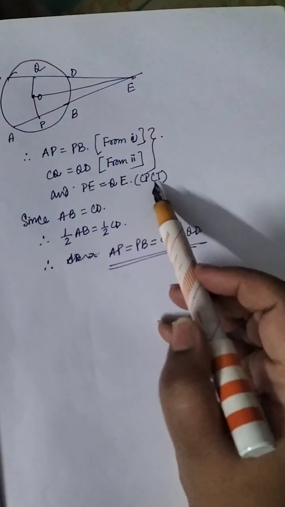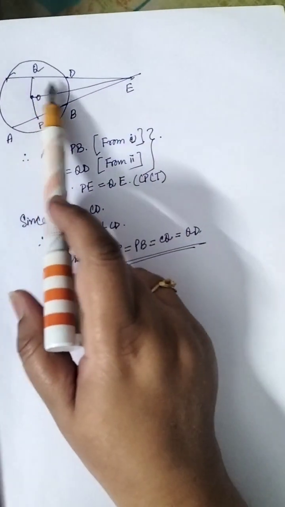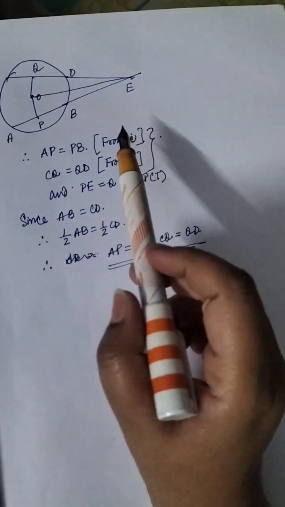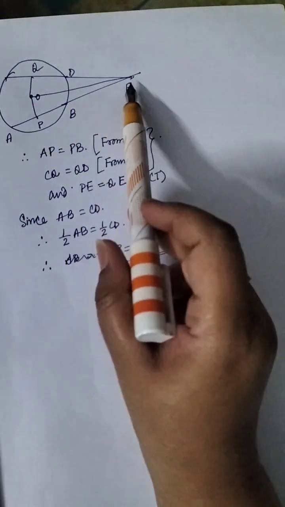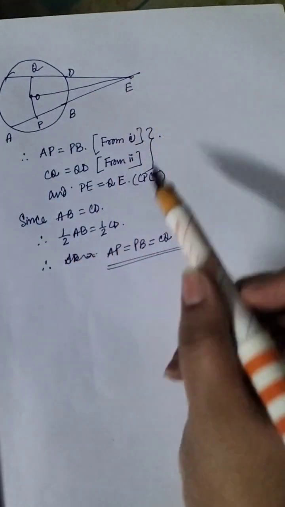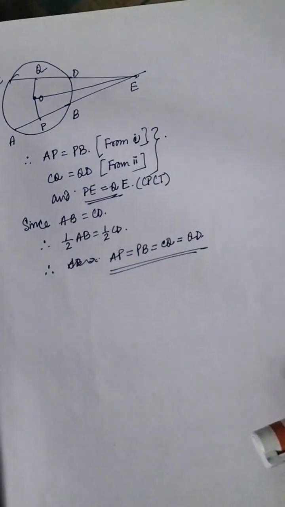And also we have found by proving the congruency that PE equals QE. Now look students, we have to show that BE equals DE as well as we have to show AE equals CE. Now using this equality, let's see what we get.